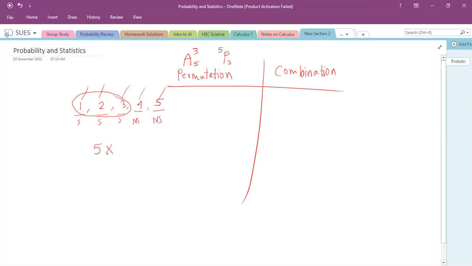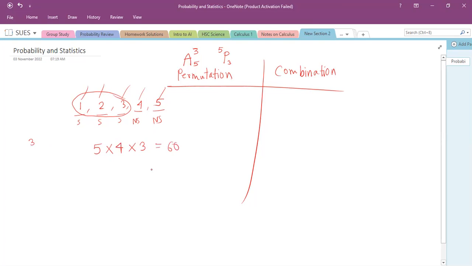If we have no repetition, then the next person can be taken 4 ways, and the next one can be taken 3 ways. The remaining 2 we don't take, because we only have to take 3, right? So the answer will be 60.